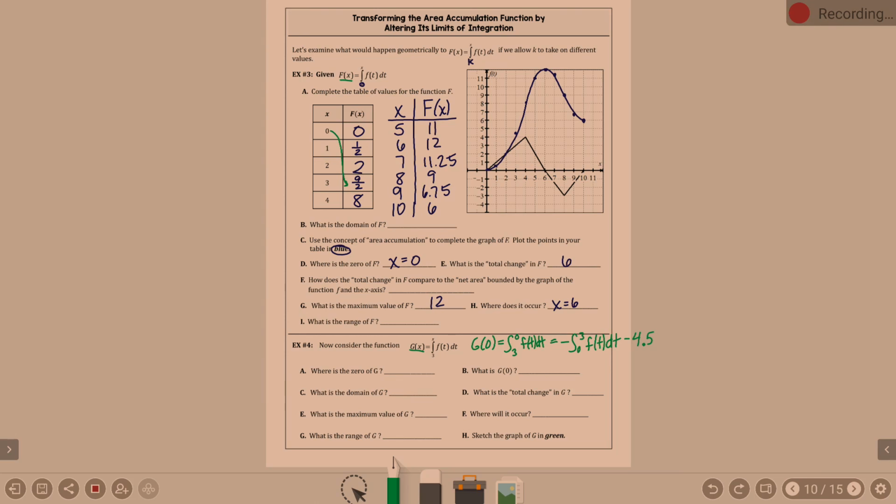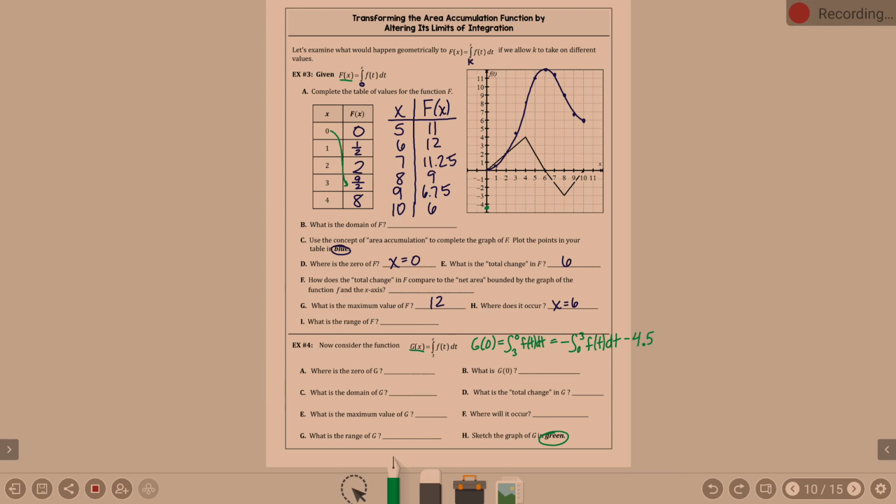Look at what happens if we go to graph this, because it says sketch the graph of g in green. How can we even answer all these questions? So when you plug in 0, we get negative 4.5, yes? You do you, whatever color you want, but that's what I always do.